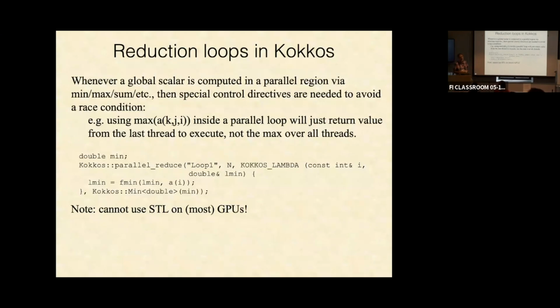You have to use the C versions. Maybe that's changing as they change their compilers, but at the moment, that's true. It's even worse because there's probably other things in the STL you're using, like vectors or linked lists. You can't use them on GPUs because you can't use the standard template library. So you're going to have to get rid of those structures and go back to simple C structures, or Kokkos provides its own vector structure, which will work on GPUs.